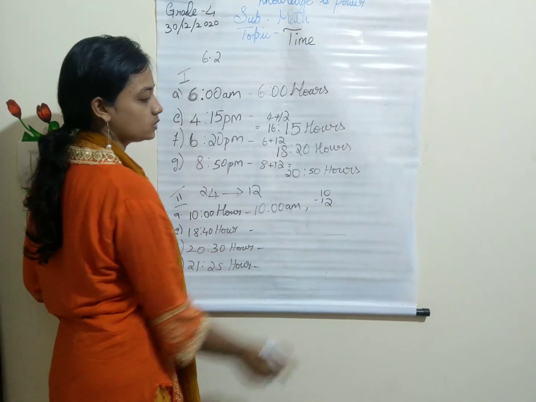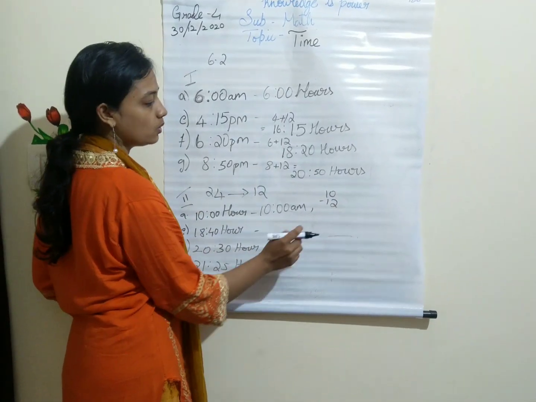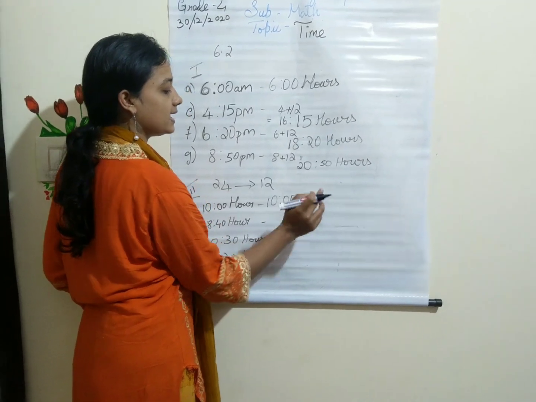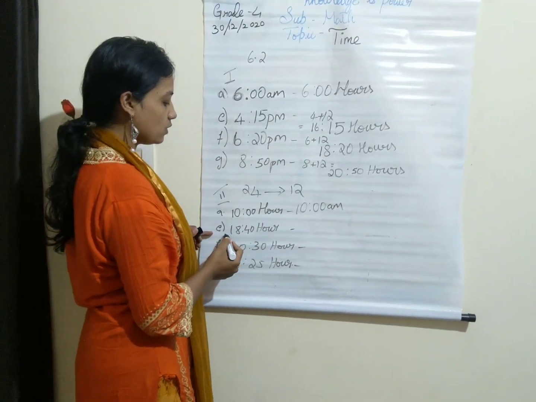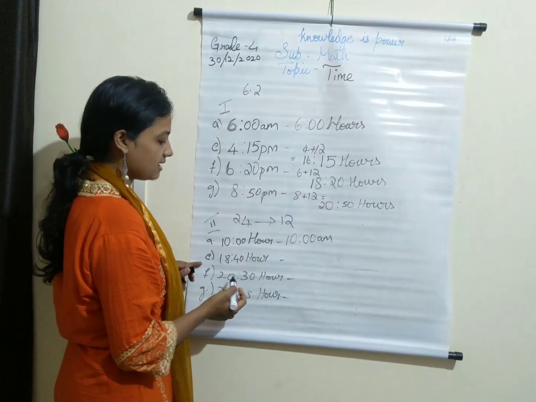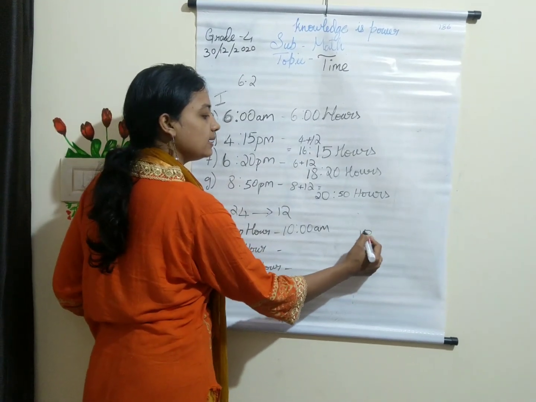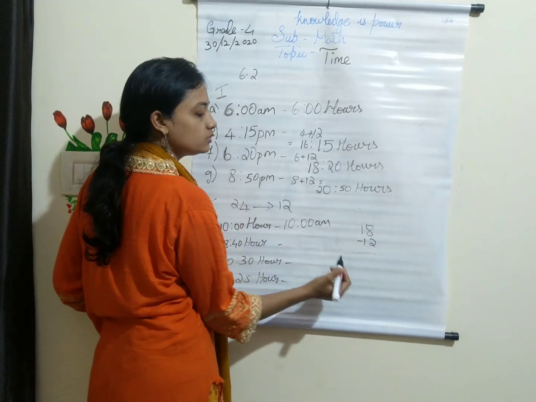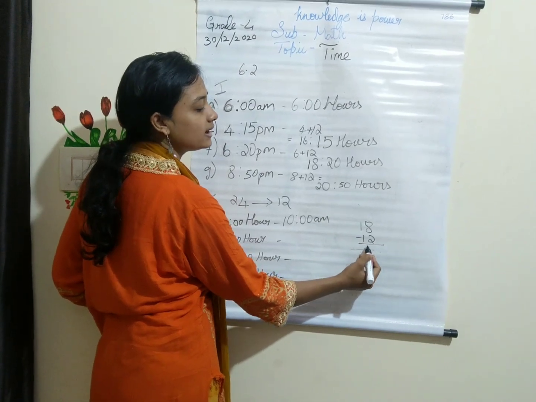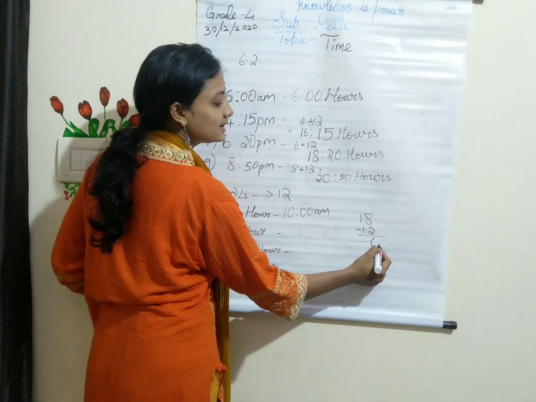Can you do it? No. So you will not write it in PM. It is just AM. Now next go for E1, 1840 hours. So 18 minus 12. So we can do it. What is the answer when you subtract 18 minus 12? The answer is 6.